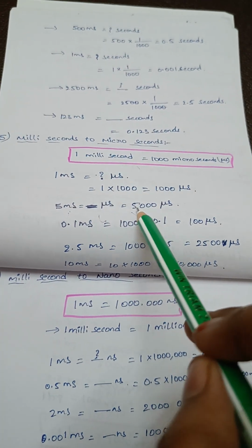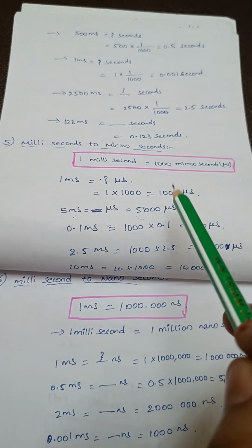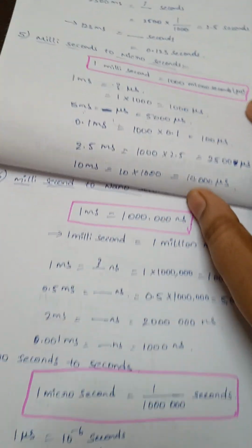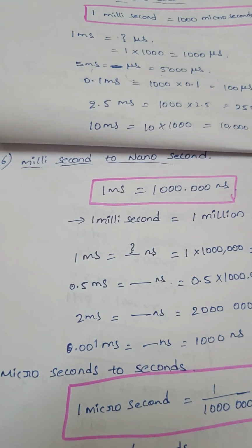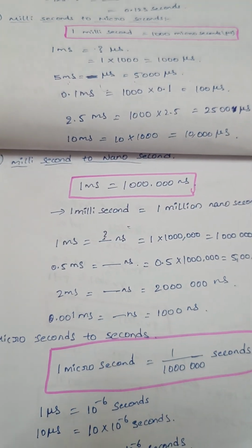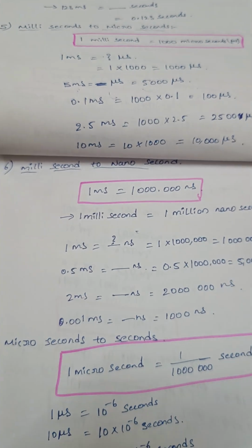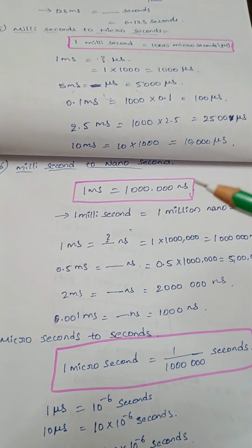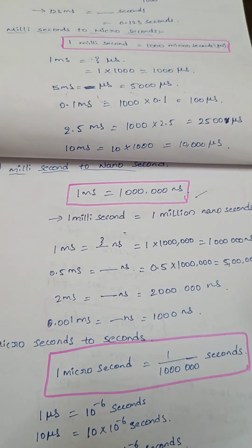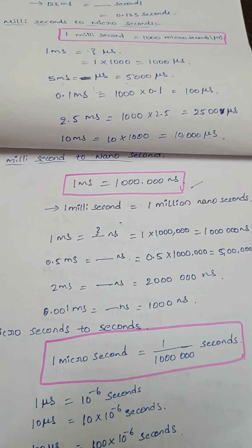Then I get 5000 microseconds. Now see milliseconds to nanoseconds: you need to multiply with 10 to the power 6, then you will get nanoseconds. So the basic formula is 1 millisecond equals 10 to the power 6 nanoseconds.